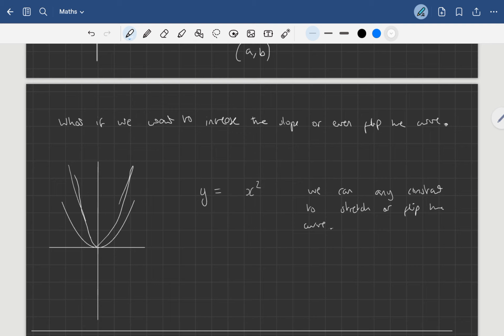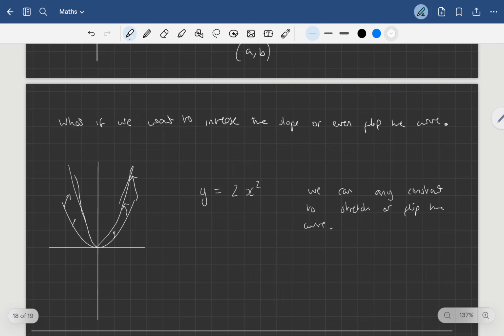What we're doing here is we're multiplying the height by a certain value. And the height is just the value of the y-axis. So we're multiplying x squared by a certain constant, let's say a. That's essentially what we're doing. So if it's 2 times as steep, the value of a would be 2.